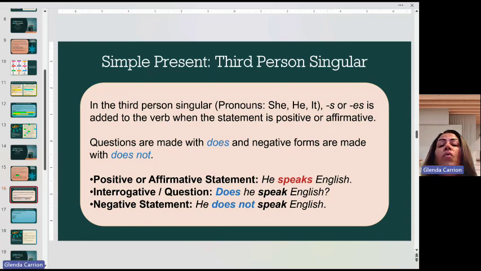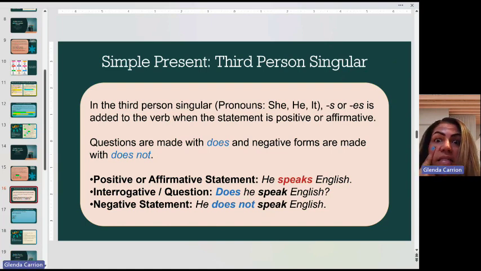But there is a second way to use the simple present, and that is with the third person singular. In the third person singular, pronouns she, he, and it, an S or ES is added to the verb when the statement is positive or affirmative. Questions are made with the auxiliary verb does, and negative forms are made with does not.